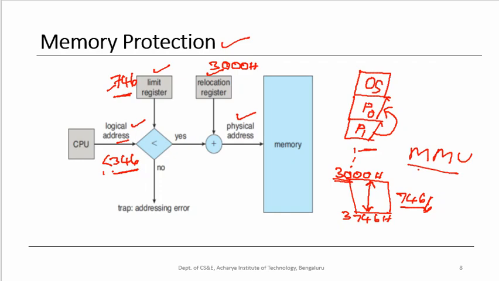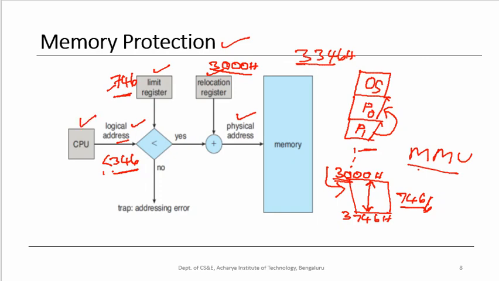So 346 is allowed to be added with this 3000H, which is nothing but the content of the relocation register. Once that is done, it becomes 3346. This is an address which falls within this range. So this is a valid address, and this address belongs to the process which is running in the CPU.